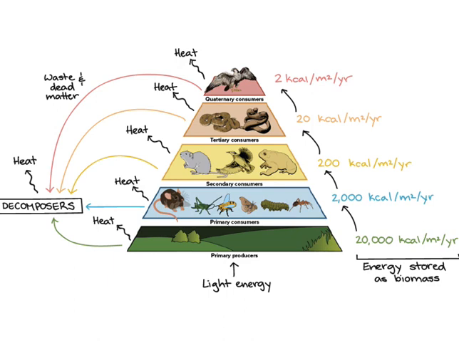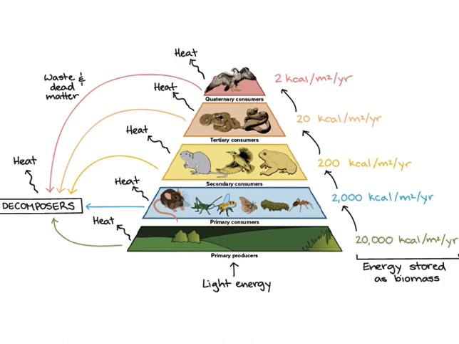During the lesson on pyramids of biomass, you were looking at what is meant by biomass and why it's important. So looking at pyramids of biomass, we realise that not all of the biomass in each trophic level is passed on to the next trophic level in a food chain.